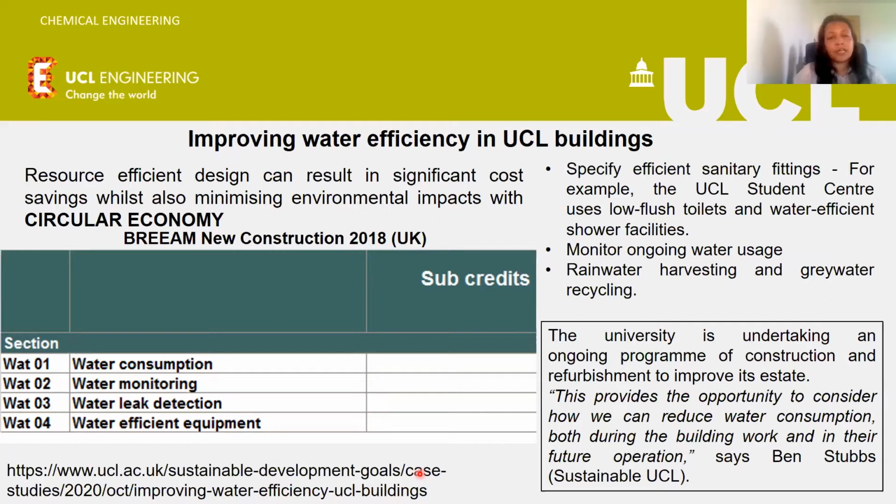So what are we doing? It starts from very small things like specifying efficient sanitary fittings. For example, at the new UCL Student Center, which is a wonderful facility newly available for students, they have the low flush toilets, they have water efficient shower facilities. We are trying to monitor the ongoing water usage as best as we can.